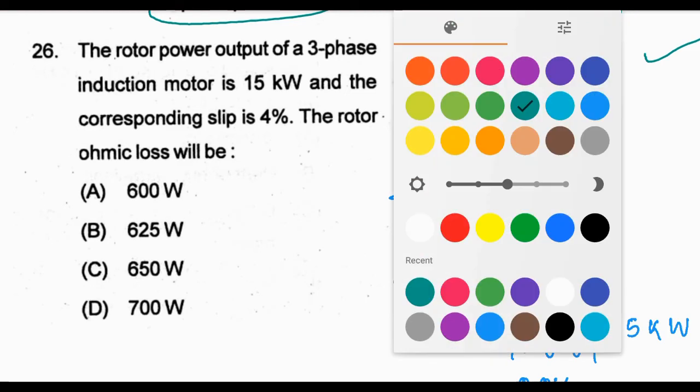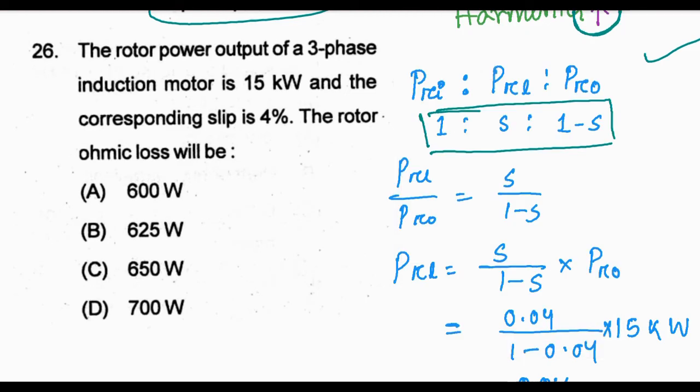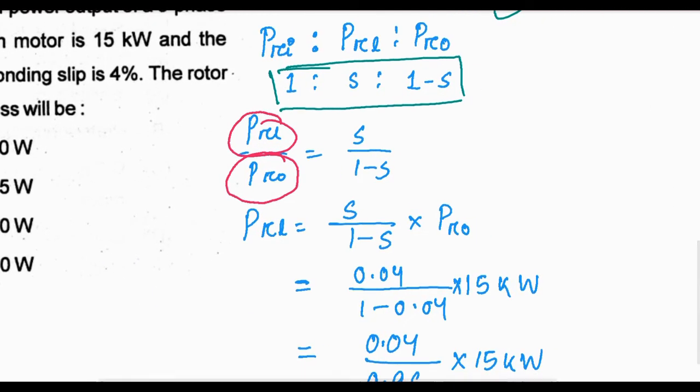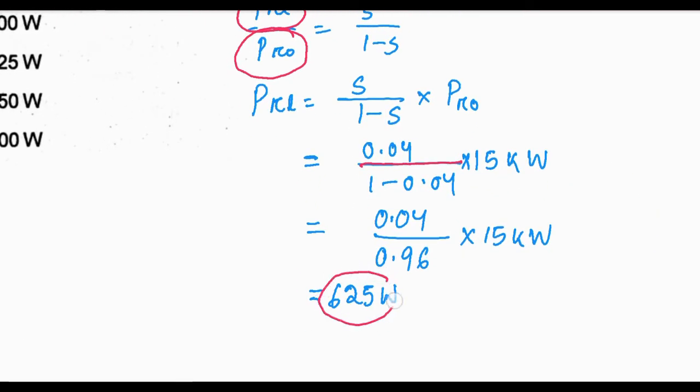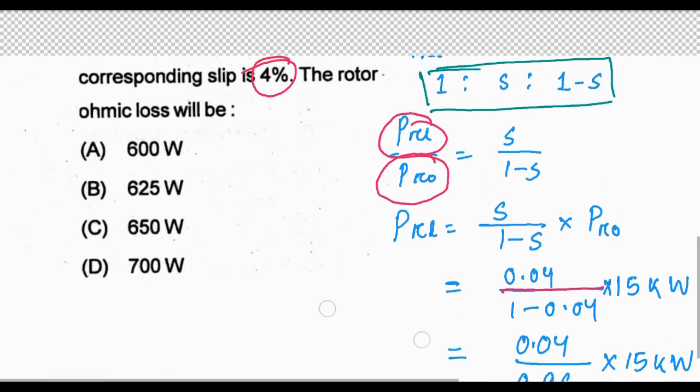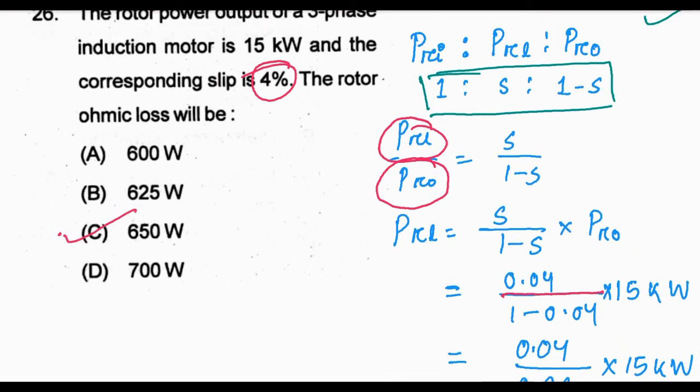So rotor loss by rotor output is S by (1 minus S). Rotor loss will be S by (1 minus S) into rotor output. This will be 0.04 by (1 minus 0.04) into 15 kilowatt, and this is 625 watt. So the answer will be option B, 625.